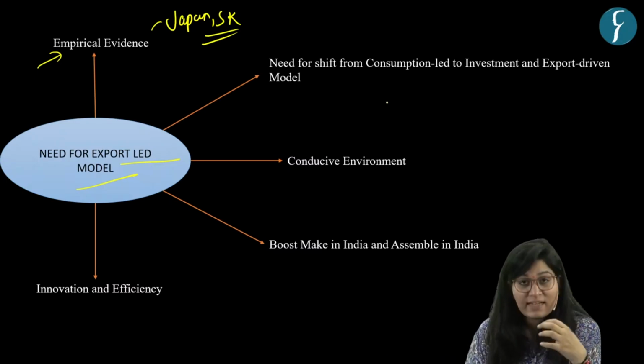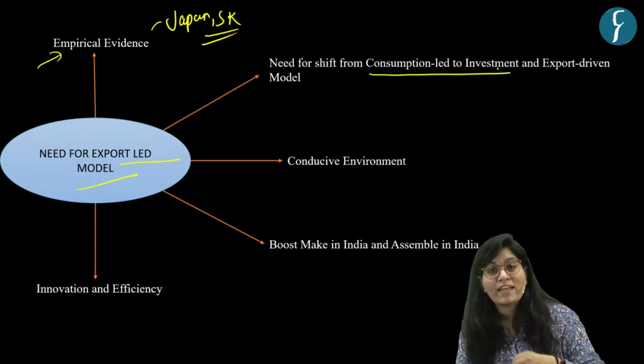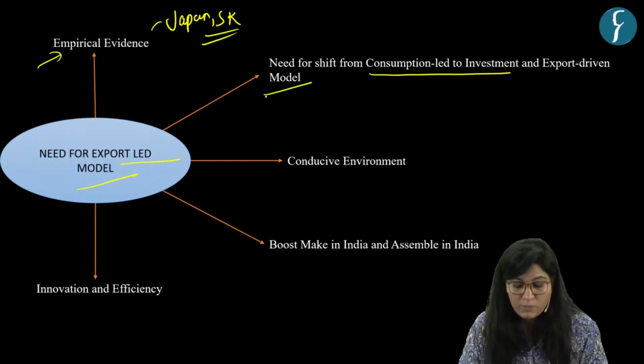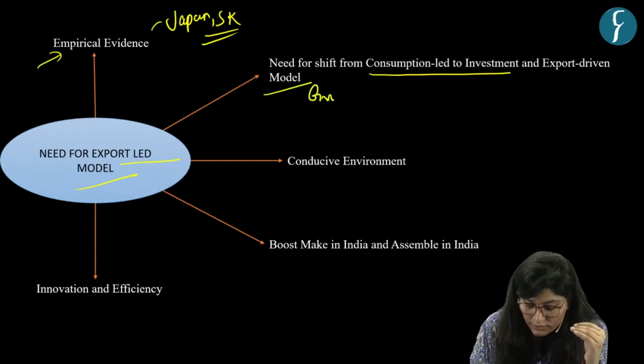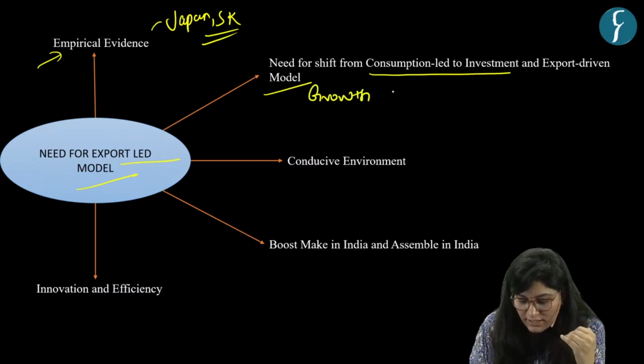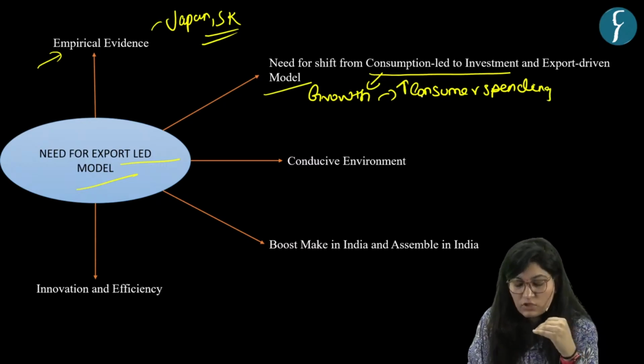Then there's a need for a shift from consumption led to investment and export driven model. Now, this consumption led growth is dependent on consumer spending. Okay. And there's a rise in consumer spending. Why?